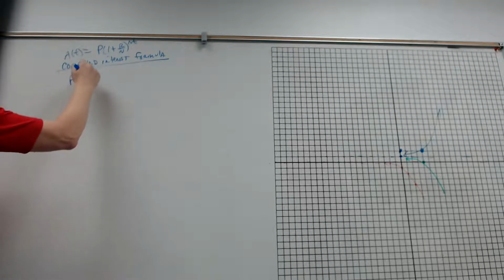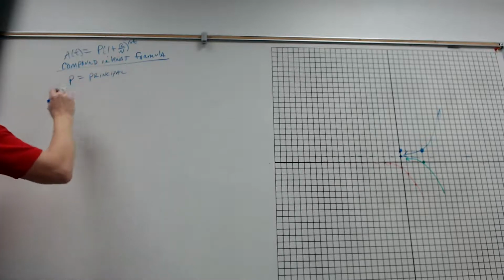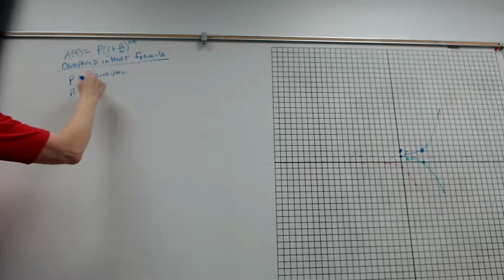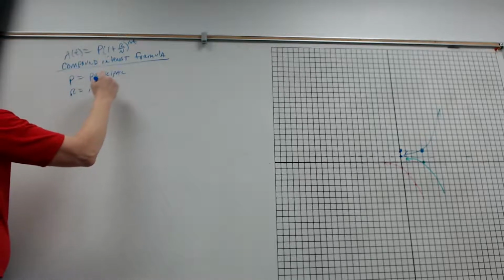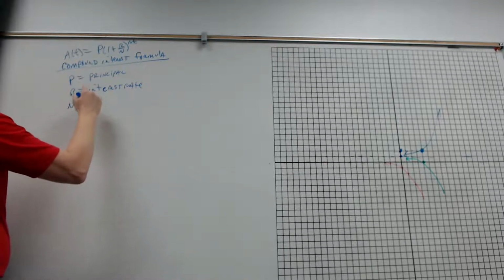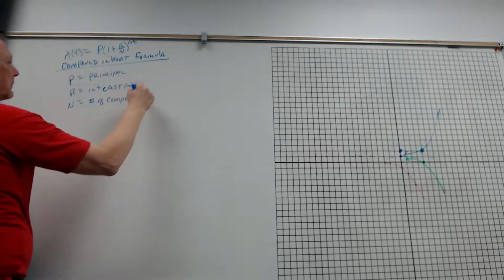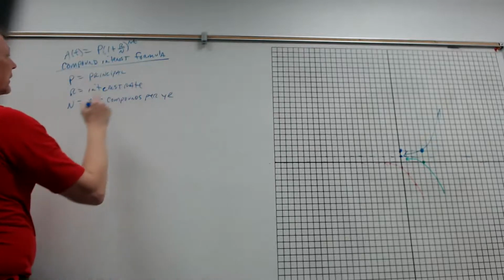P is your principal, your initial loan amount. R is your interest rate. N equals the number of compounds per year.